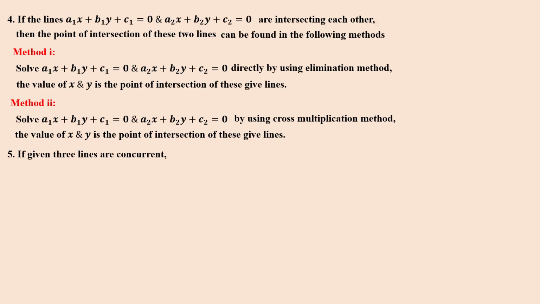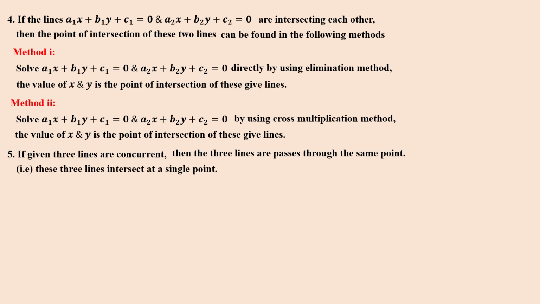If three given lines are concurrent, it means they are passing through a single point, which is the point of intersection of these three lines. The point of intersection of any two lines lies on the third line. So for these three lines the point of intersection is the same, a single point.